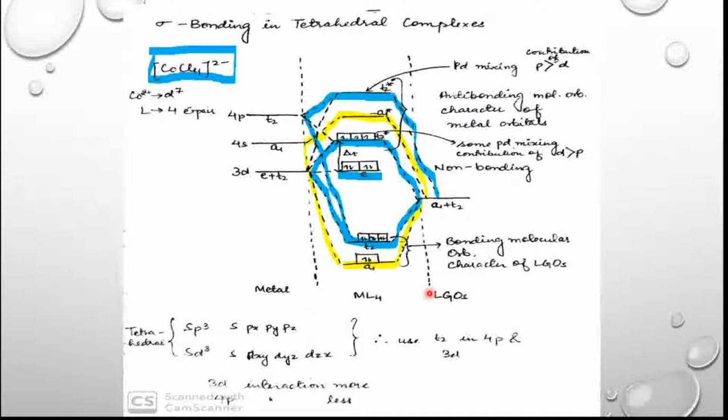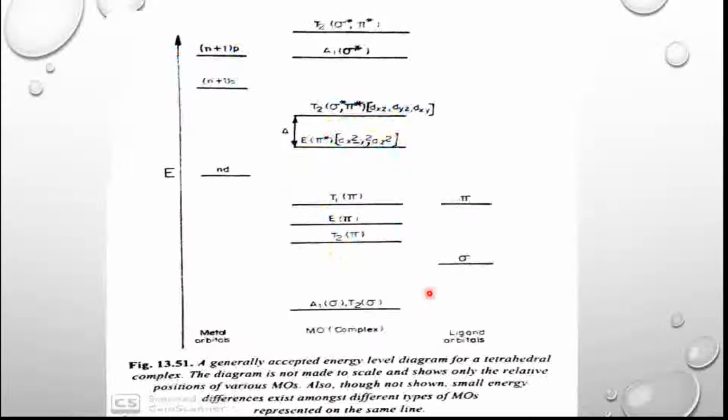But the important point which I want to make here is that this is the most generally accepted energy level diagram for the tetrahedral complexes, in which pi and sigma bonding are explained. These are the metal d orbitals, though I haven't given their symmetry terms here. This is the sigma bond, this is the pi bond, and in between you have your bonding, anti-bonding and non-bonding molecular orbitals, right?